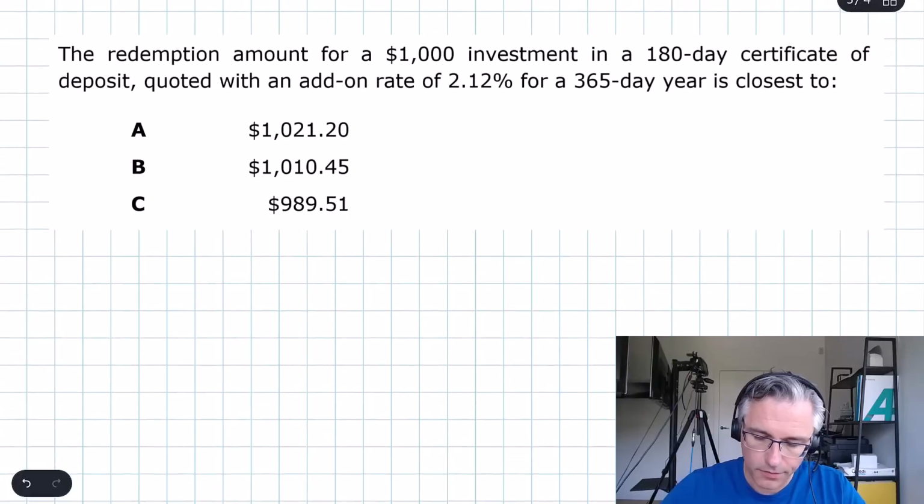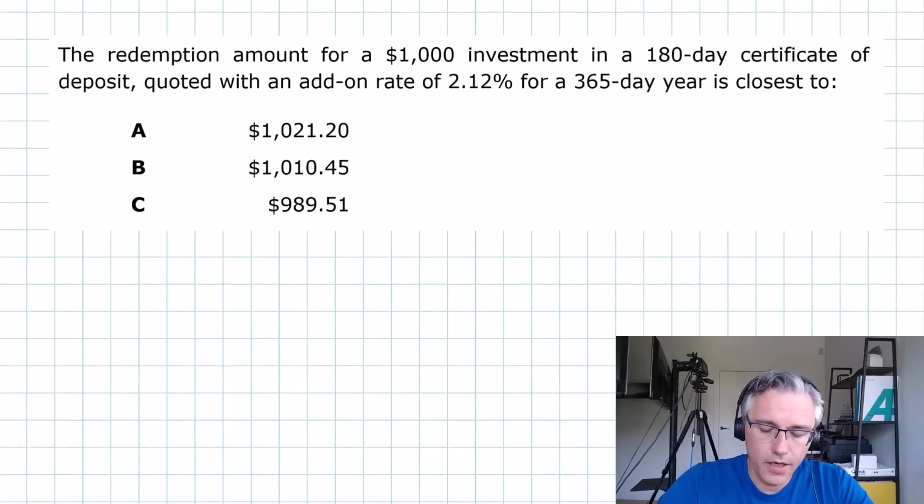So down here, I've got a question which asks for the redemption amount for a $1,000 investment in a 180-day certificate of deposit. Well, certificates of deposit were one of the instruments I said would be computed typically using this approach, quoted with an add-on rate of 2.12% for a 365-day year.